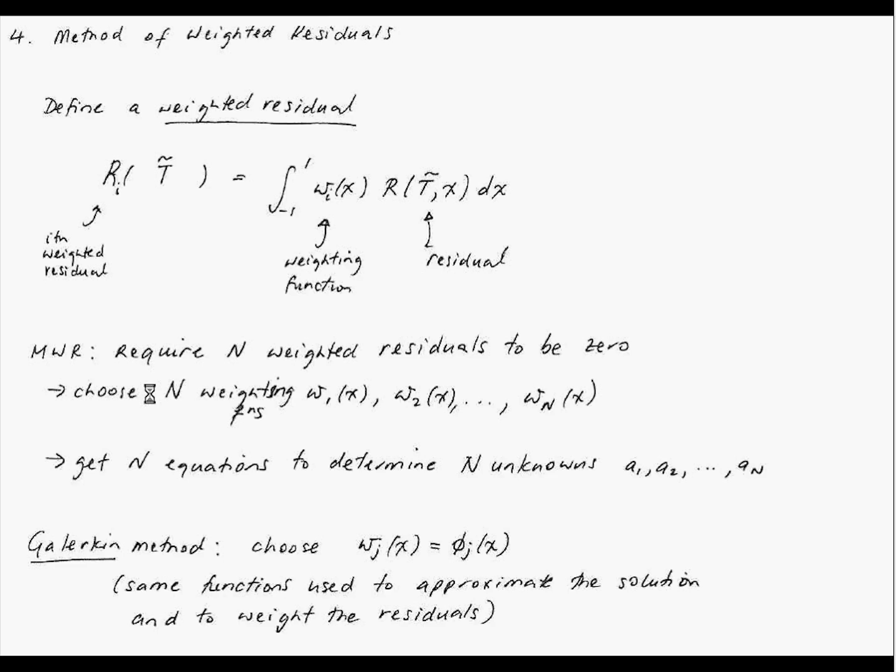We're going to substitute in W1 as 1 minus x, 1 plus x. We have the expression for this residual that we derived before, that was -2a1 - 6a2x + 50e^x. So now at that point, it's just multiplying things together and integrating. And you could do it all by hand for this example, or you could, again, throw it into Mathematica or something and get it out.